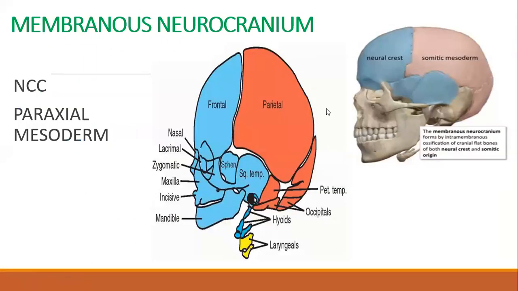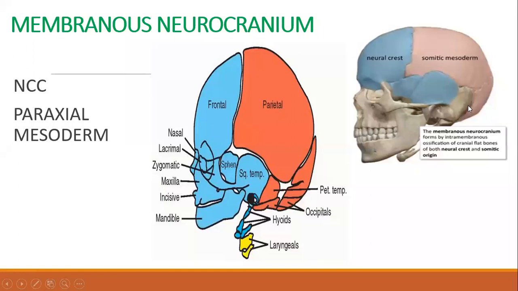The membranous neurocranium includes the frontal bones and the squamous bone. It gets contribution from two sources, the neural crest cells and the paraxial mesoderm. Neural crest cells are going to form the frontal bone and the squamous part of the temporal bone, while the paraxial mesoderm is going to contribute towards your parietal bone and your occipital bone.